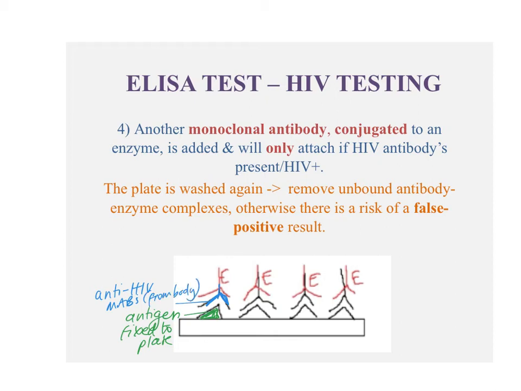And then I am going to put this third monoclonal antibody on that is specific to the HIV antibody, so MAB specific to HIV antibody. And you may notice that we've got this little E here. And that E means that it's conjugated to an enzyme. It's got an enzyme stuck to it.